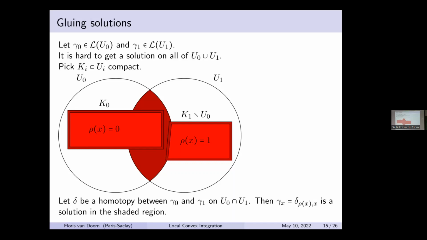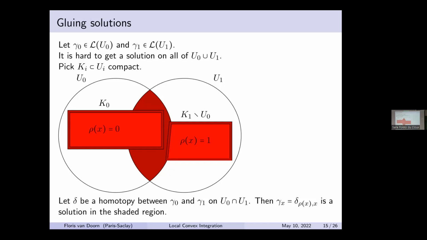And then we can define a new gamma on this red region by taking delta where tau is equal to rho of x. So tau is 0 in this region, tau is 1 on that region, and it transitions between 0 and 1 on the red region.